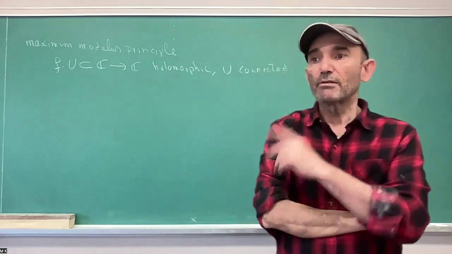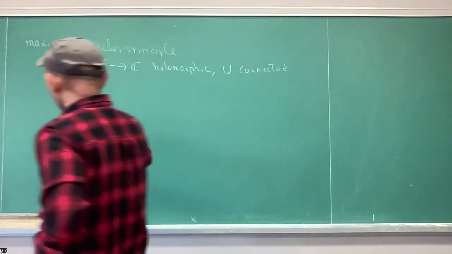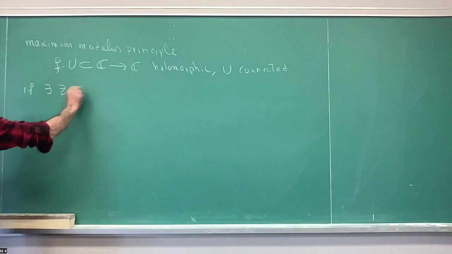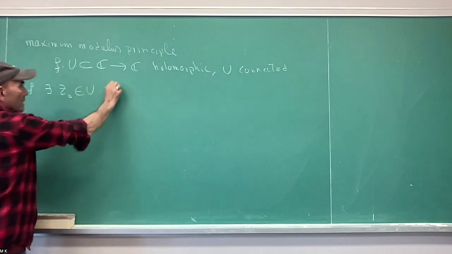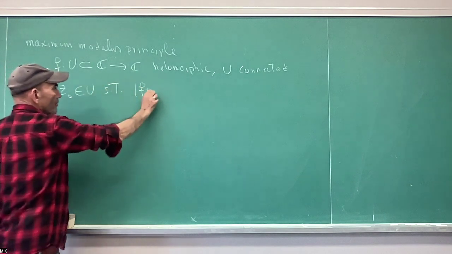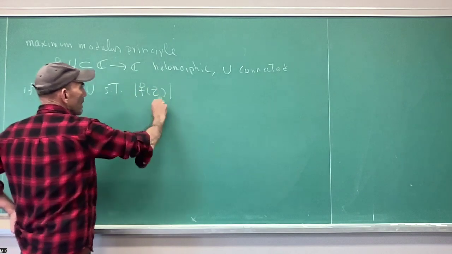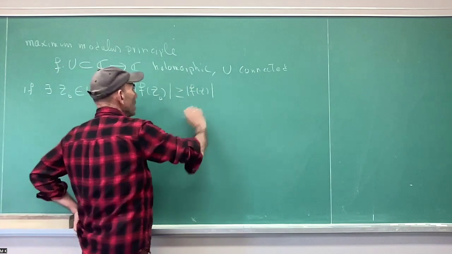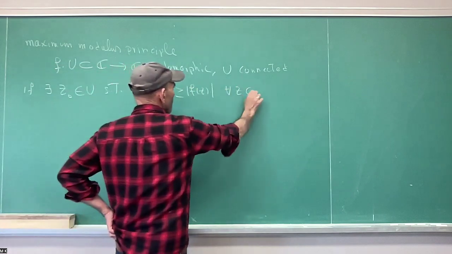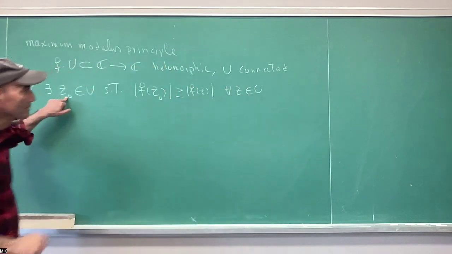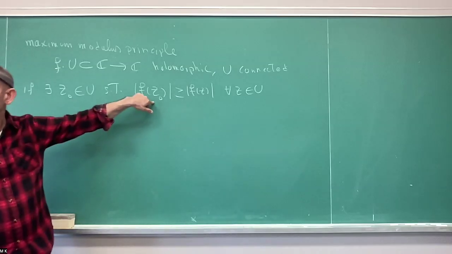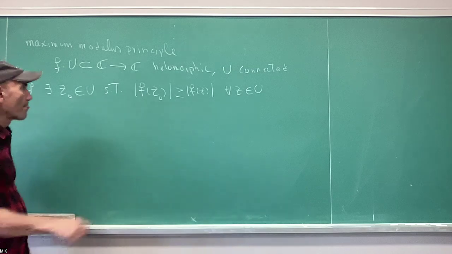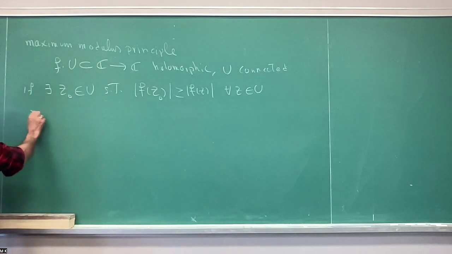Now, if there is a point z0 belonging to U such that the absolute value of f(z0) is bigger than or equal to the absolute value of f(z) for all z belonging to U, then it follows that f is constant. This is the maximum modulus principle.